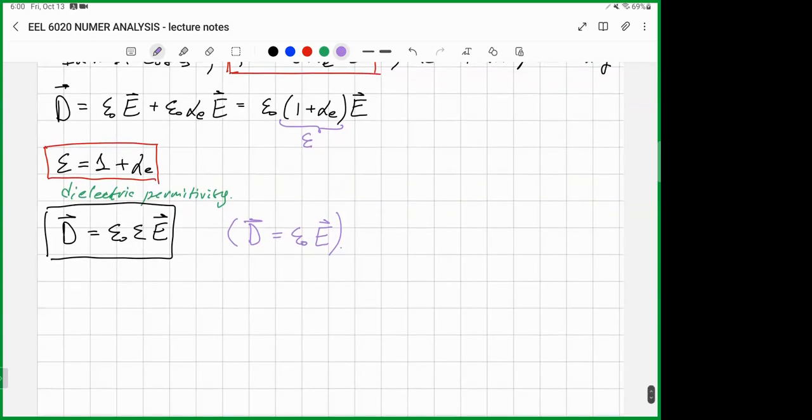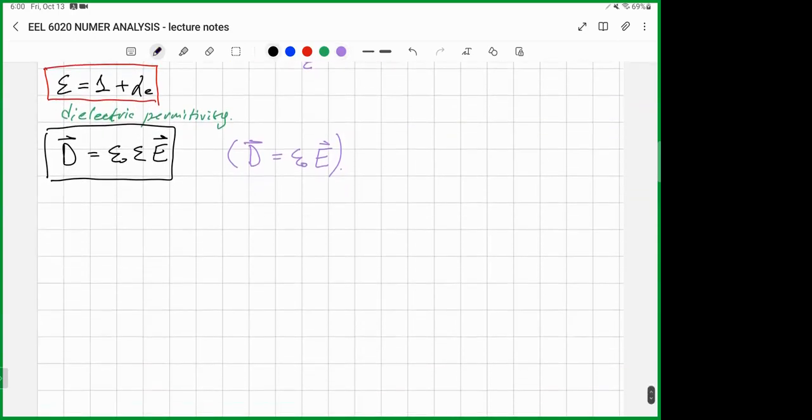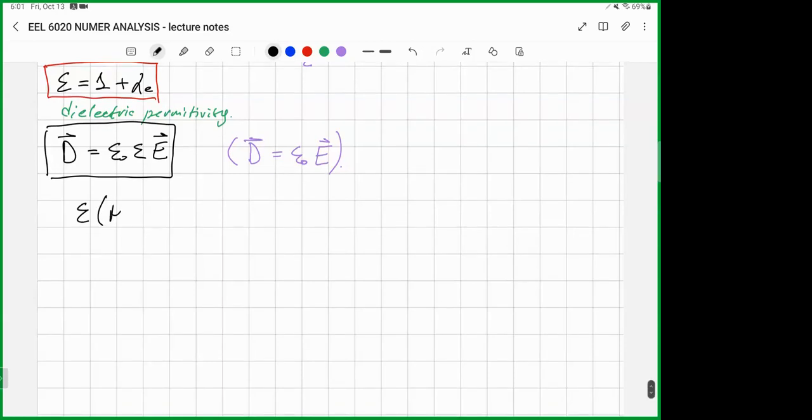And for example, examples of dielectric permittivities that we can see in simulations. For example, epsilon of water.